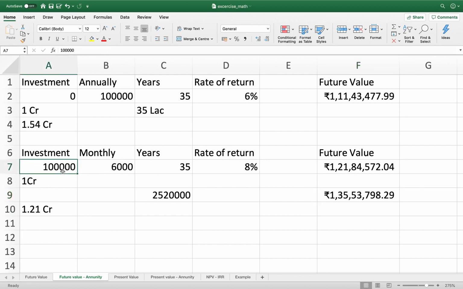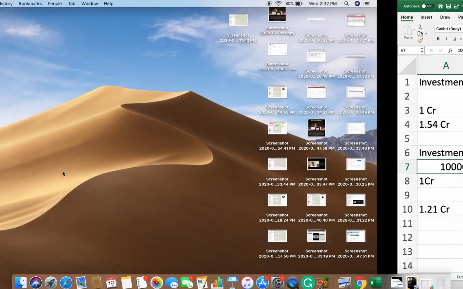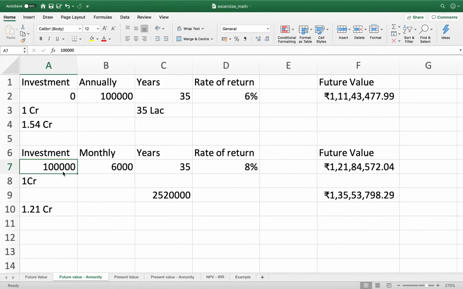So now you can use this Excel sheet and FV formula to assess different kinds of investments. Well, you know the formula for calculating future value. Do you also have situations where you may have to calculate the present value of the investment?